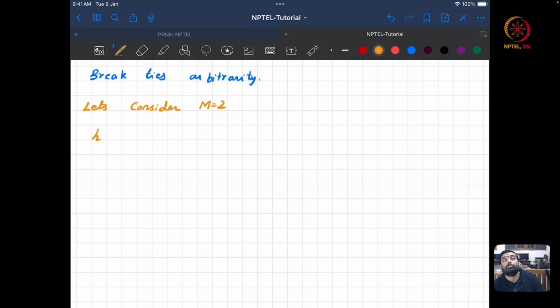Again, when I say m is equal to 2, y can take values 0 and 1, there are two outcomes in y, but that doesn't say anything about the outcome of the hypothesis function. Okay, please keep that in mind.